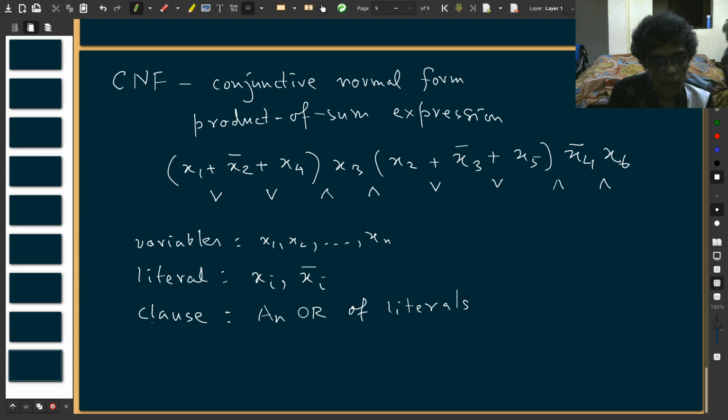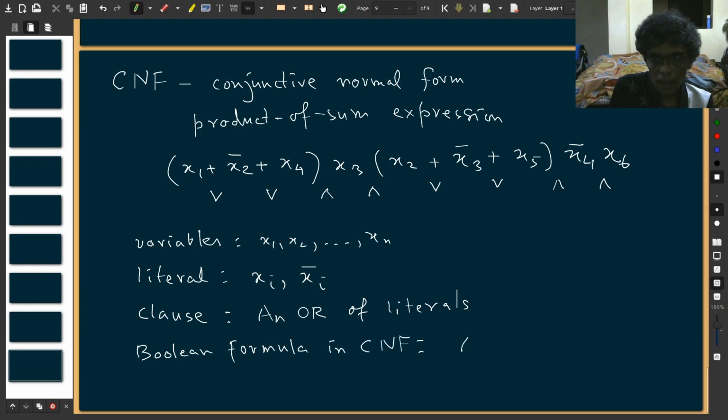And a Boolean formula in CNF form is an AND of clauses. Okay.